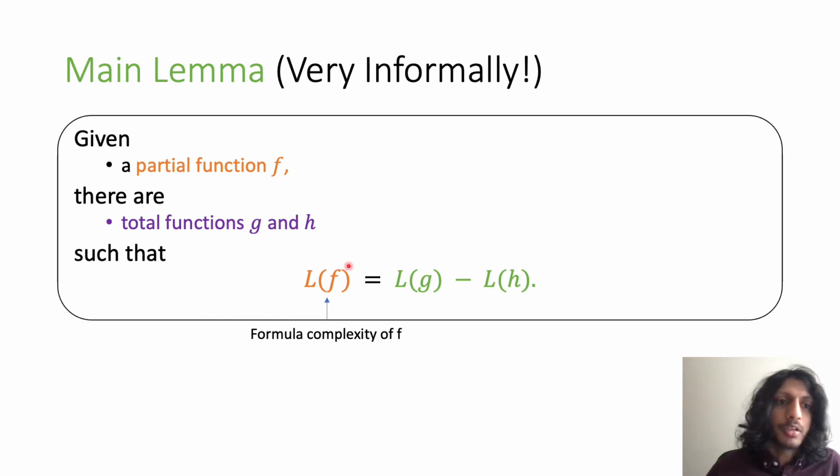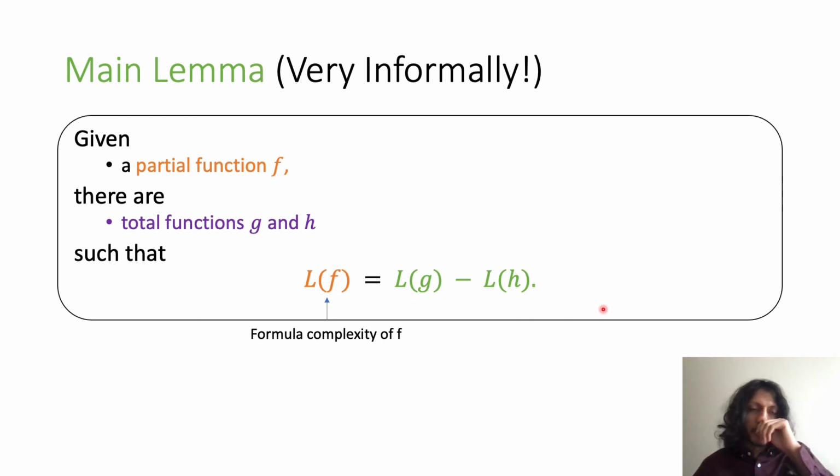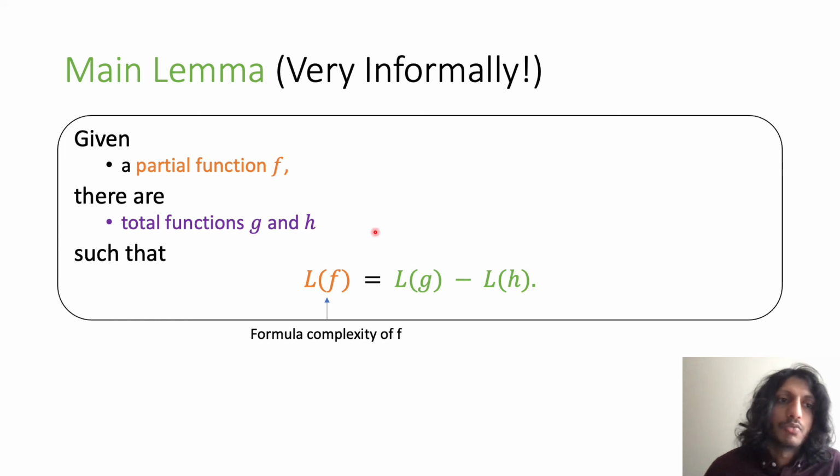And the important part is that on the left-hand side we have the formula complexity of a partial function, and on the right-hand side we have the formula complexity of two total functions. And as a result, this gives you a way to connect partial MFSP to total function MFSP.